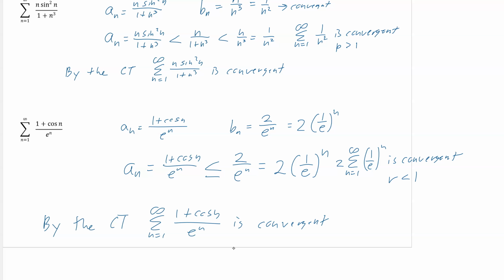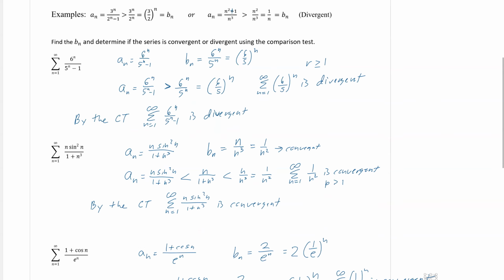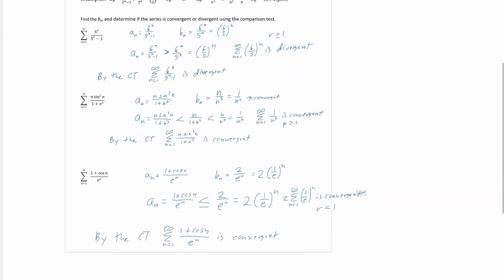So as long as you're showing that your a sub n is less than something that converges, it's convergent. And if you're showing your a sub n is bigger than something that is divergent, then by comparison theory, it will be divergent. And there you go. Let me zoom out a little bit more.